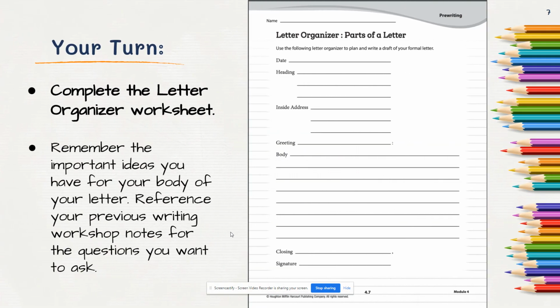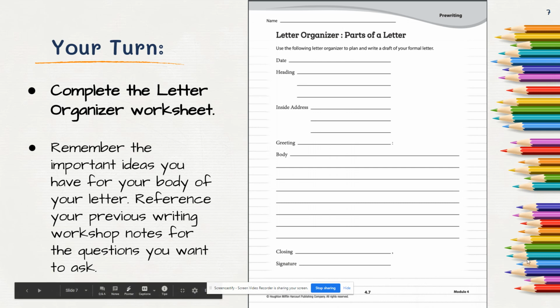Now it's your turn. Take the time now to look over the Writer's Notebook page 4.7. I've included it here. You'll be completing this page today and working to organize your letter. As you can tell, the date is always placed here, just like it's structured in a formal letter.